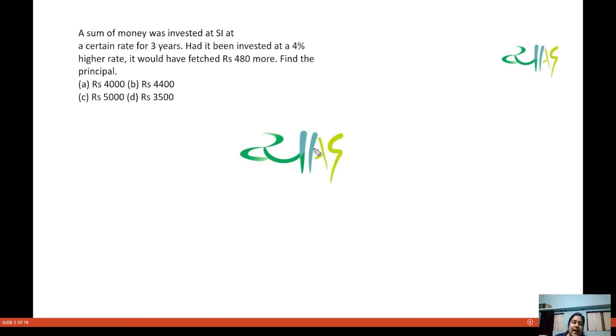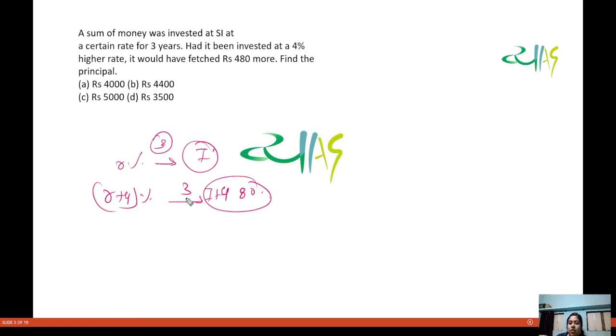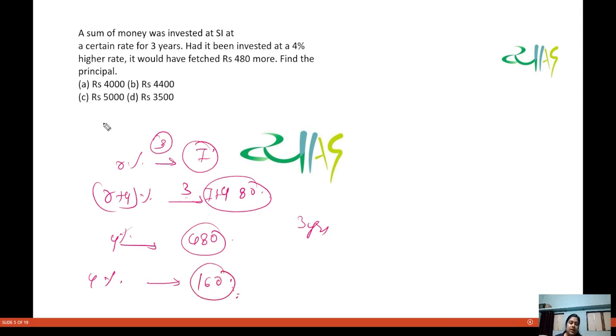When I had this R% interest rate for 3 years, then I was having interest I. And when I had R plus 4% interest for 3 years, then I got I plus 480. So this 4% is making 480 in 3 years. That means in 1 year, this 4% more is making 160.